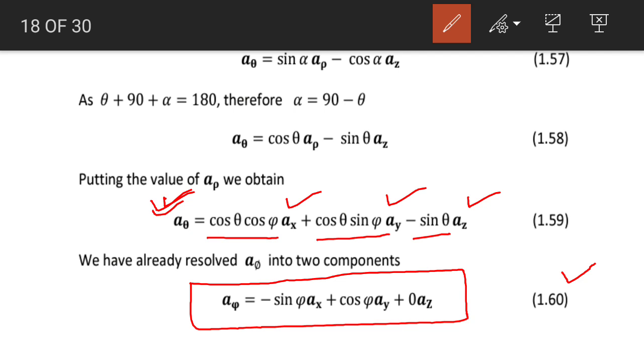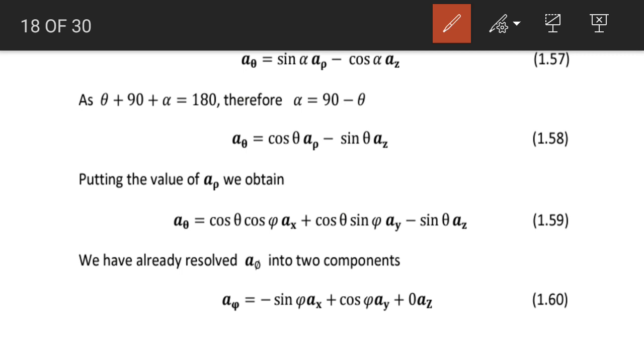A phi has two components, minus sin phi ax plus cos phi ay, and it has no component along the z axis, so we have plus 0 az. So if you consider the scalar product of a phi and ax, a phi dot ax results in minus sin phi, a phi dot ay results in cos phi, and a phi dot az results in 0.